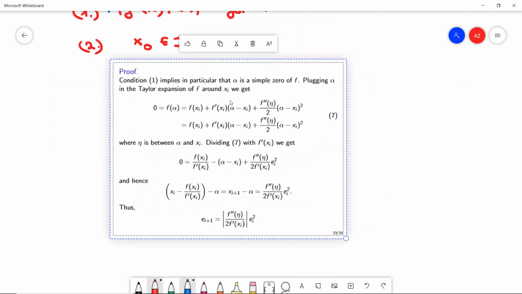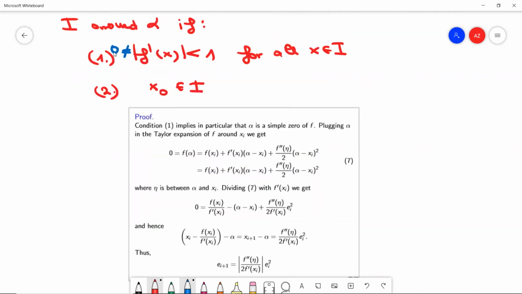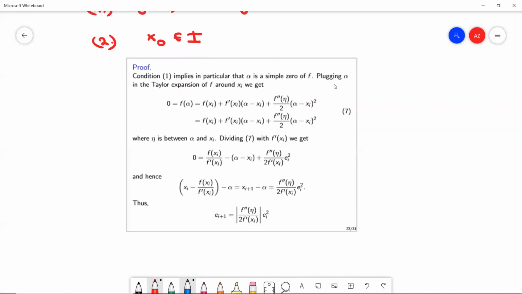Okay, so we have our f, and this condition that the derivative of f is different than 0 in every point means that alpha is a simple 0 of f. And what we do is express f in its Taylor expansion, and we only use the first Taylor polynomial.